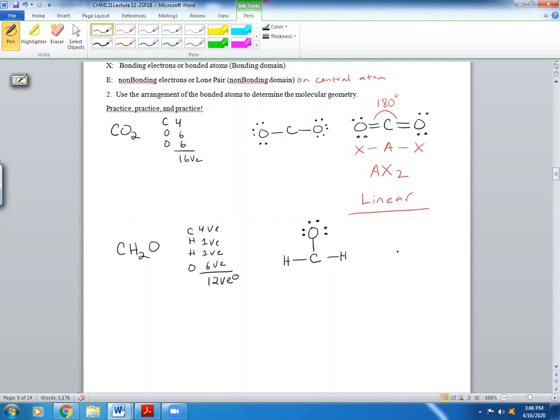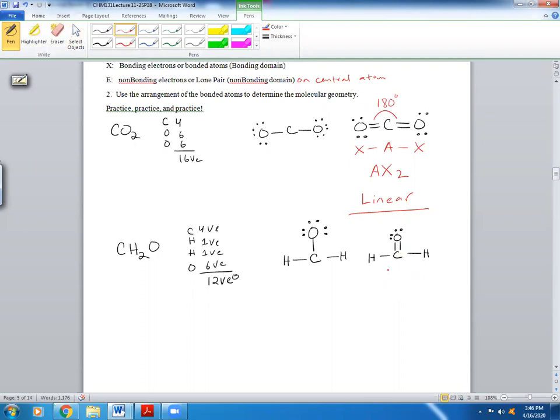So it comes out to be this. So we're done after they have 8, unless it's one of those exceptions to the octet that we talked about. Then you go ahead and move on to the geometry.